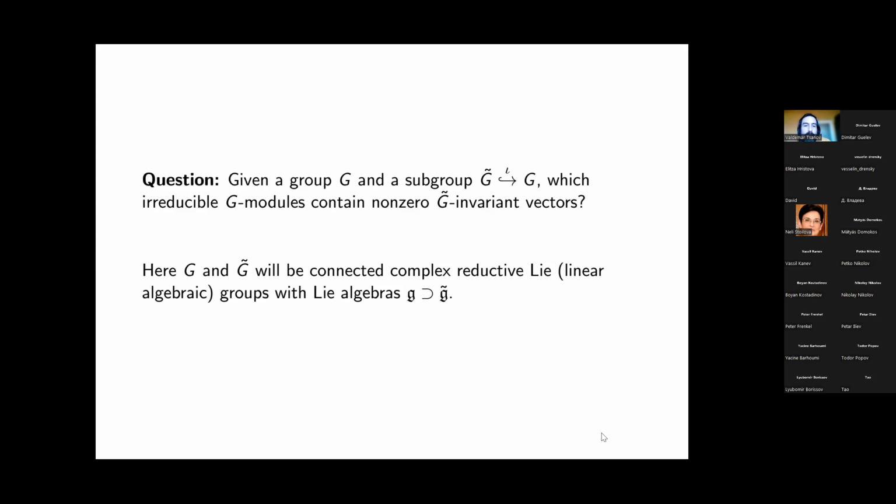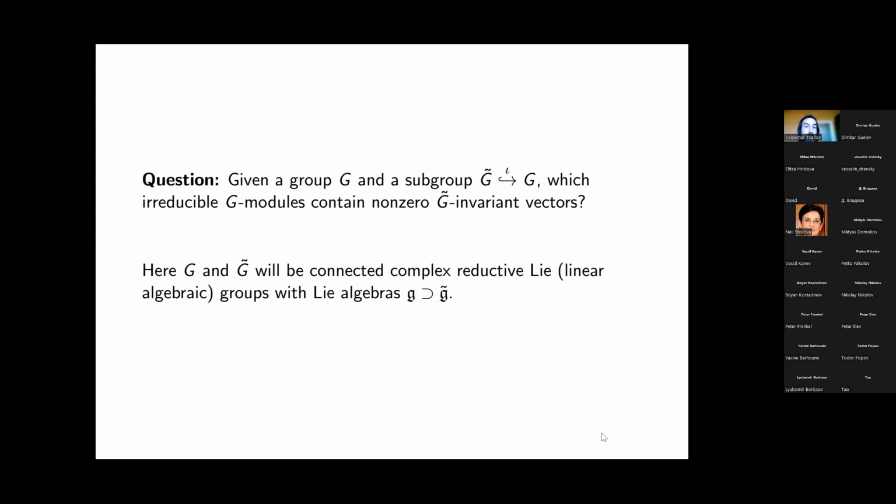Connected is also an assumption. So all such groups are linear algebraic. So we can think of them as closed subgroups of GL_n for some large enough n. And reductive means that all their representations split as sums of irreducibles.